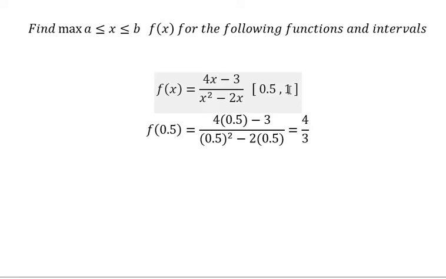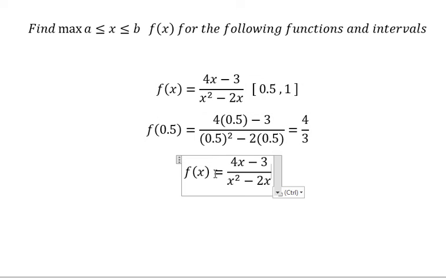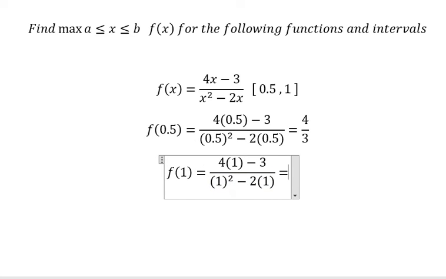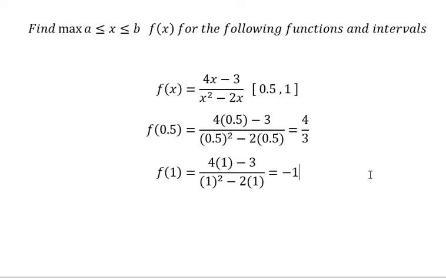Now we put number 1 in here. Negative number 1.